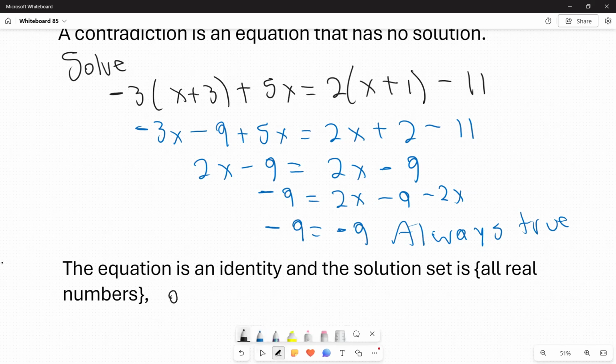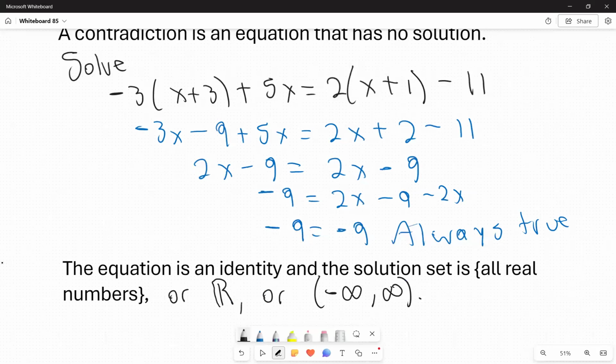It can also be expressed with this R, which indicates the set of all real numbers. Or we're going to learn interval notation in the next section where we cover inequalities. Another way to say it is -infinity to infinity. But for now, this notation is okay, all real numbers.